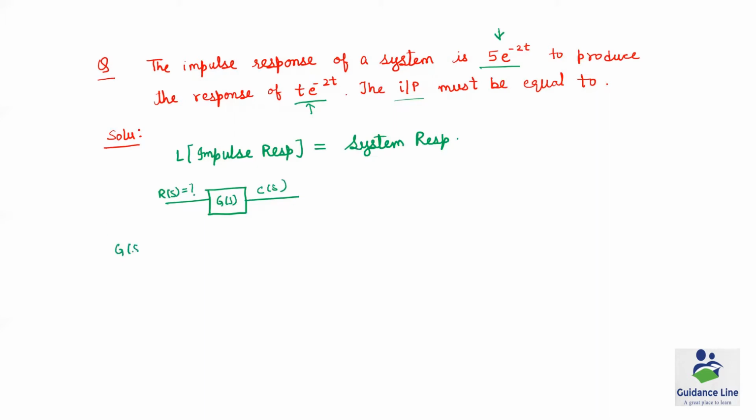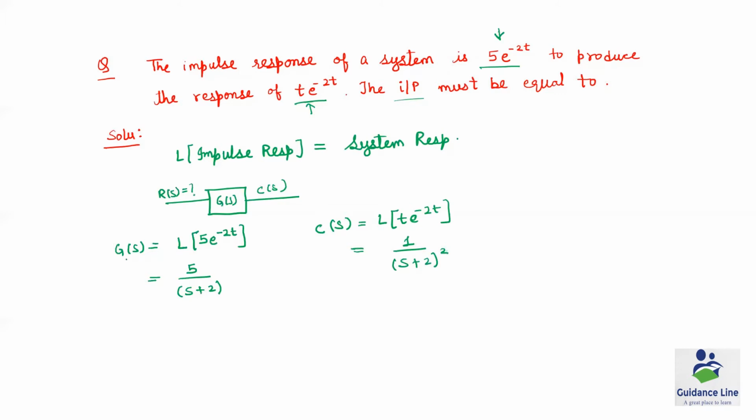G(s) is nothing but the Laplace transform of 5e^(-2t). If I solve this particular thing, we get 5 divided by (s+2). And C(s) is nothing but the Laplace transform of t·e^(-2t), and we can write it as 1 by (s+2)^2.